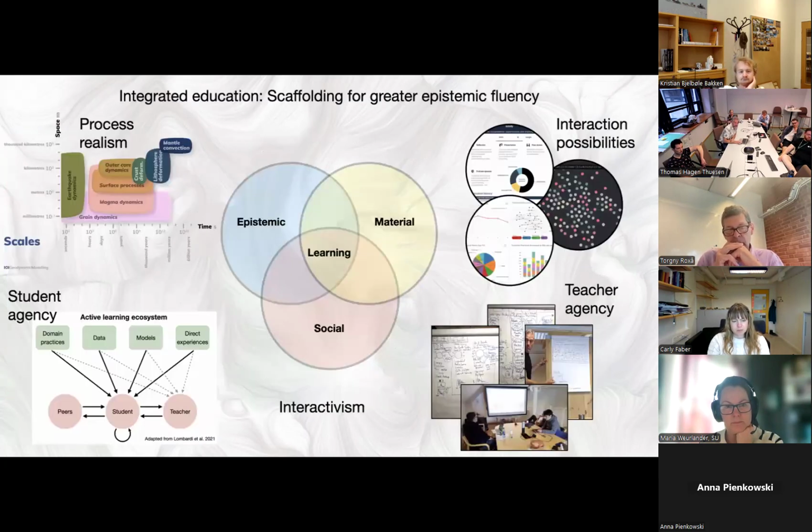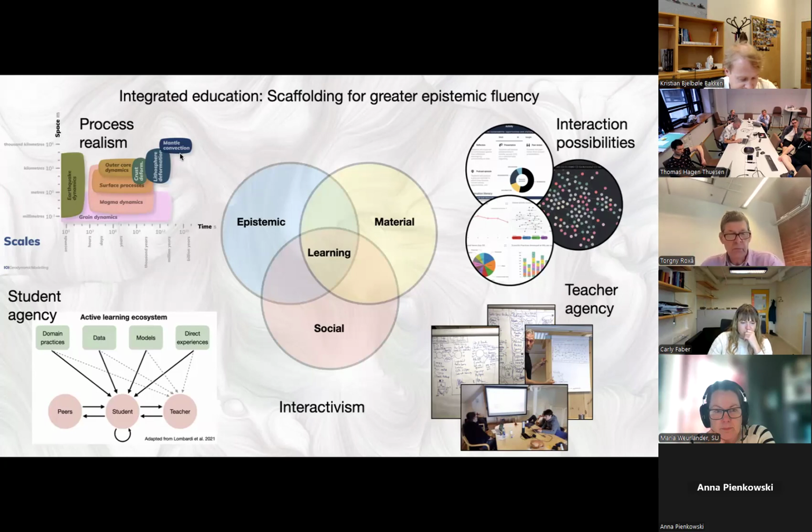And that brings me to some of the work that we are then doing in iEarth. And we can think of an integrated education as a way for us to scaffold for greater epistemic fluency. And that, in my view, requires process realism, because then different scales and different dynamic contexts, different parts of our discipline do not have greater claim on probing reality than others.